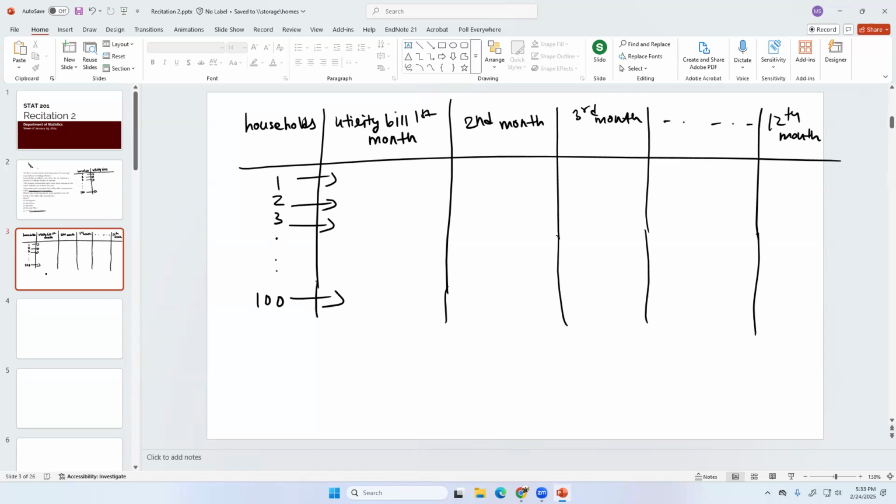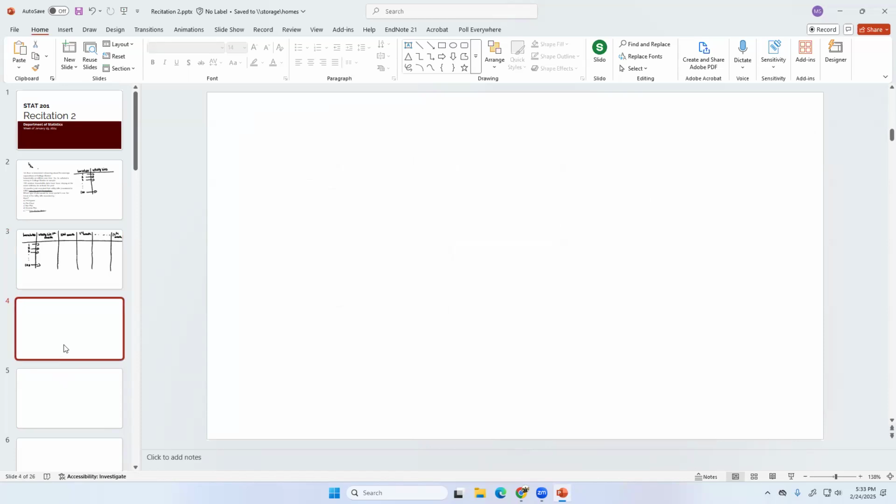So this is what he's collecting, right? For the 100 households, he's asking what is the utility bill for the entire 12-month range. So the best way to represent this is in a time series format because we are collecting over time, over 12 months. So time series makes the best sense. It'll be something like this.